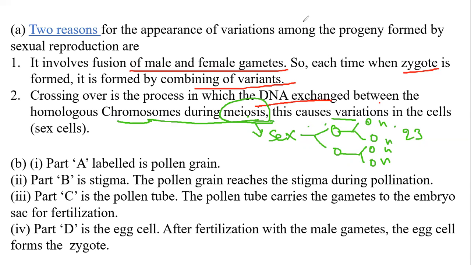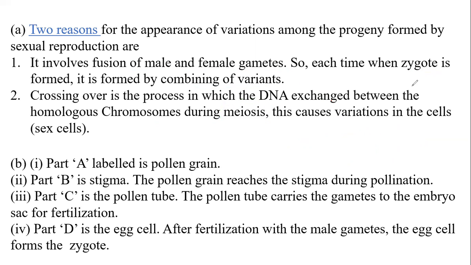Meiosis and mitosis, both you have. These are the two reasons why sexual reproduction makes variations among organisms.